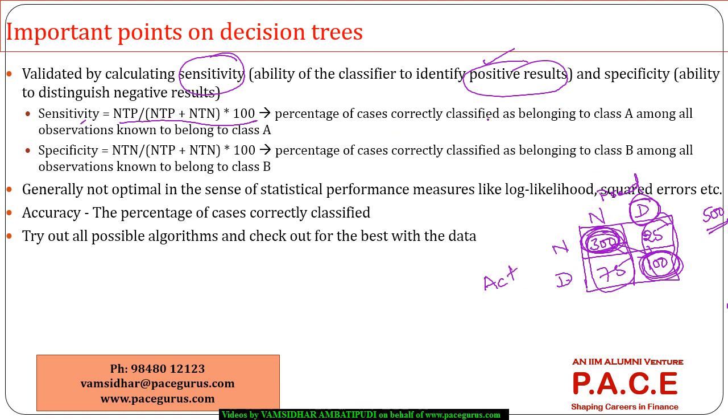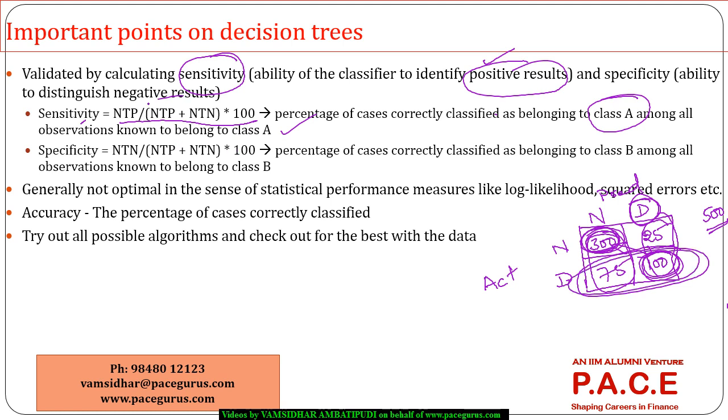It is the percentage of cases correctly classified as belonging to class A among all the observations known to belong to class A. Actually belonging to class A there are 175.